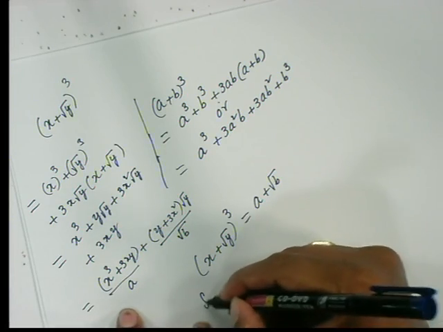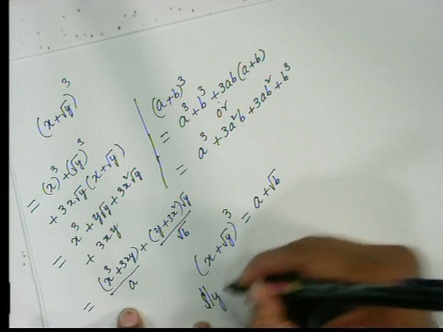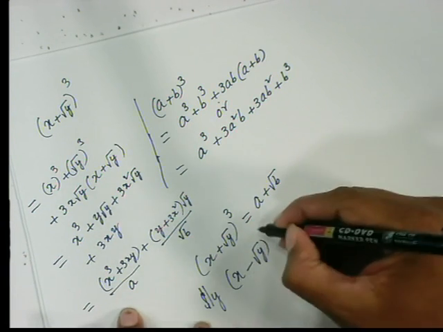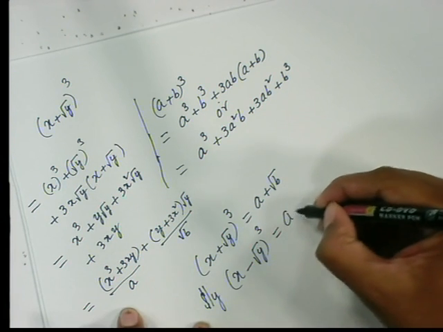Similarly, what is the value of (x minus root y) whole cube? Yes, we can expect it. (x minus root y) whole cube is nothing but a minus root b, which is the conjugate of a plus root b. So similarly (x minus root y) whole cube equals a minus root b.